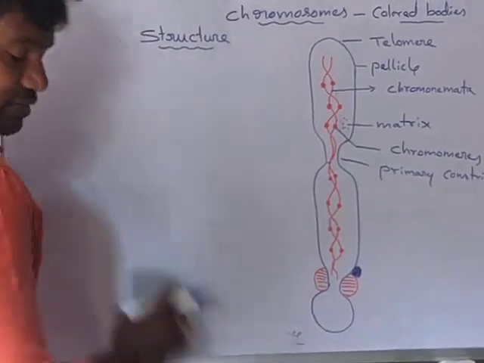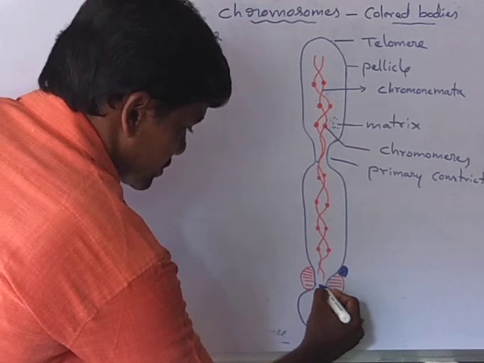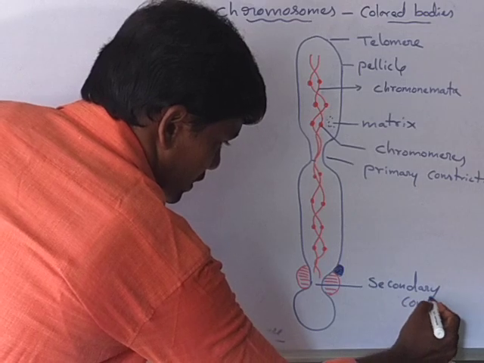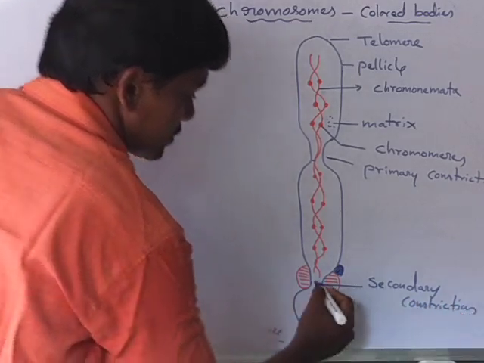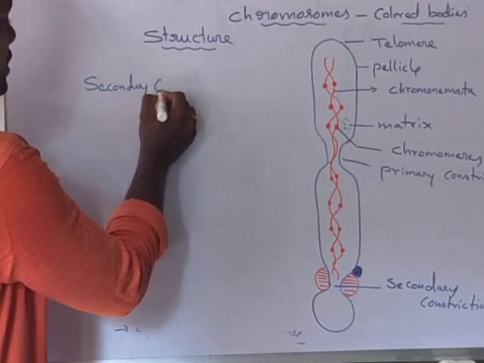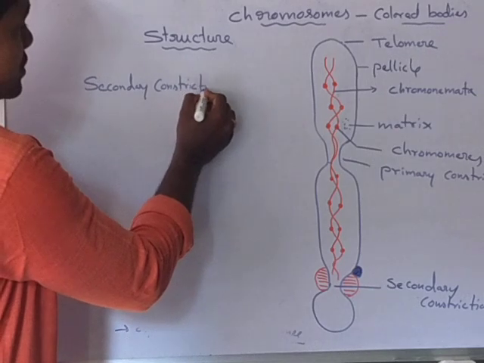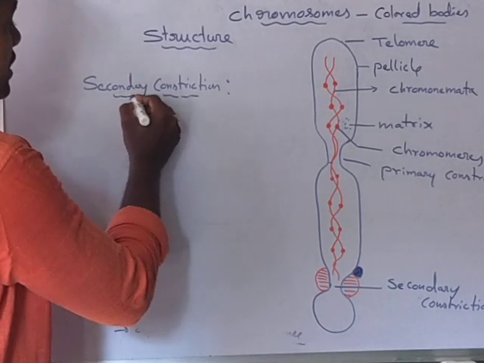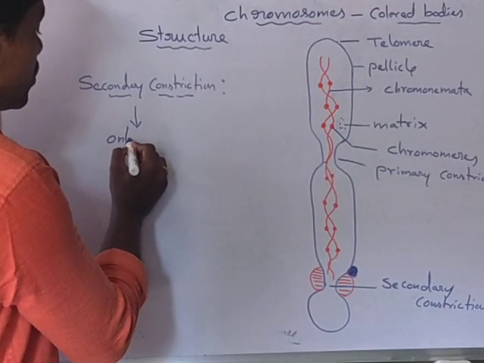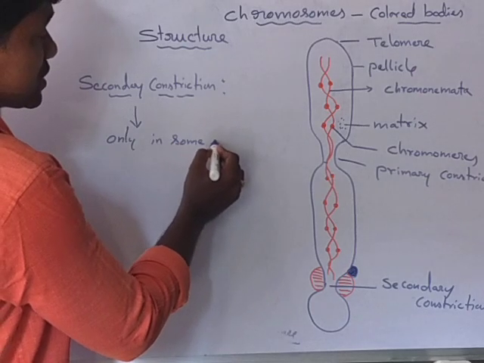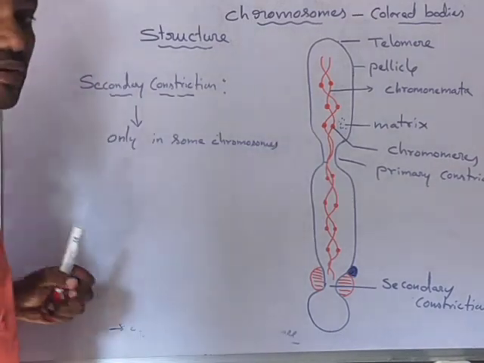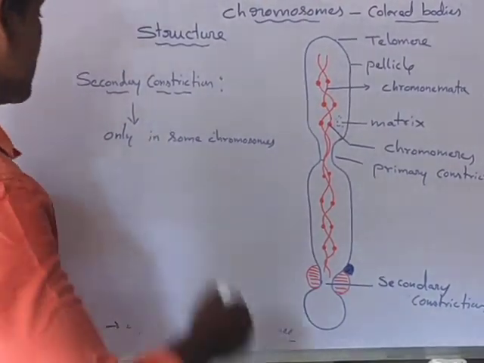Another one is the secondary constriction. The secondary constriction is seen only in some chromosomes.